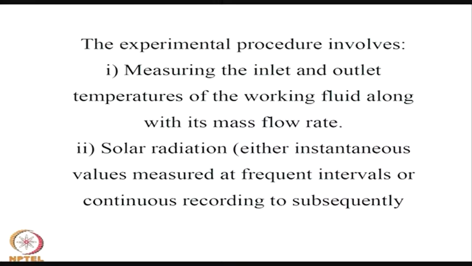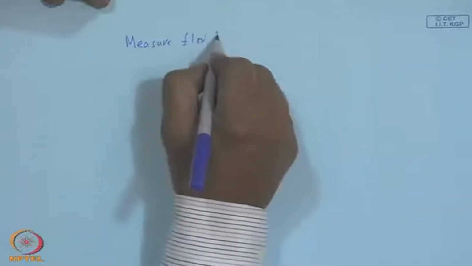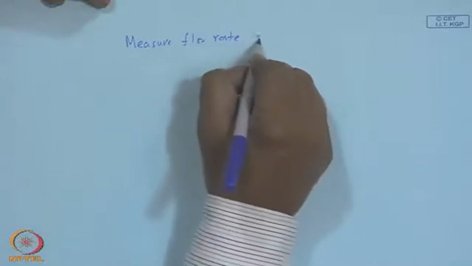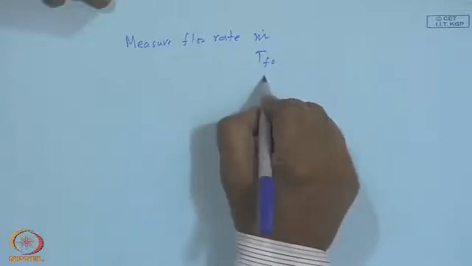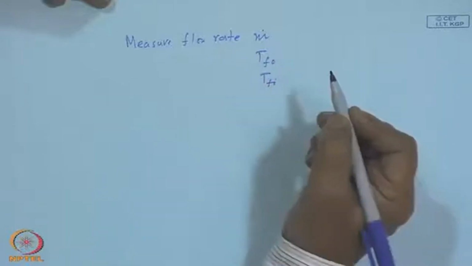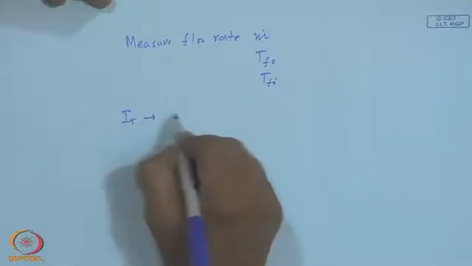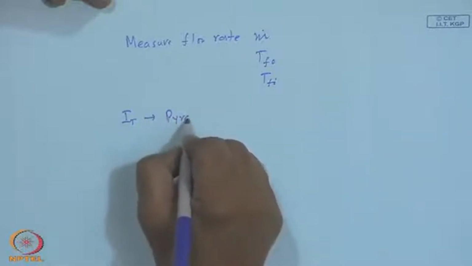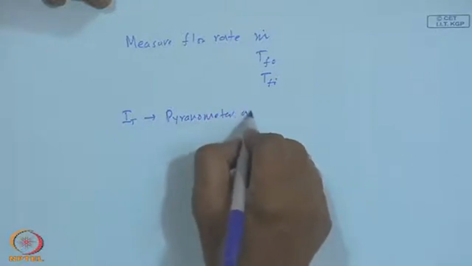So, how do we do it? The actual measurements will be: measure the flow rate, m dot, and the outlet temperature T_fo and the inlet temperature T_fi, and directly I_T, by mounting the pyranometer on the collector surface.